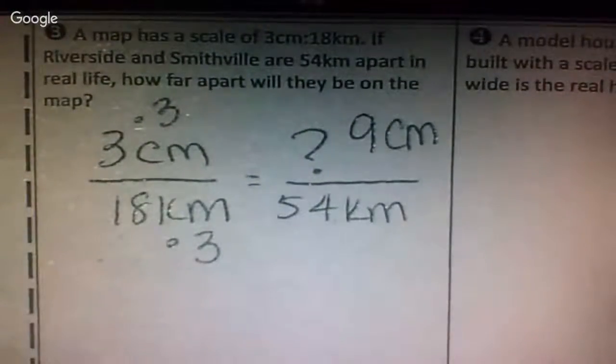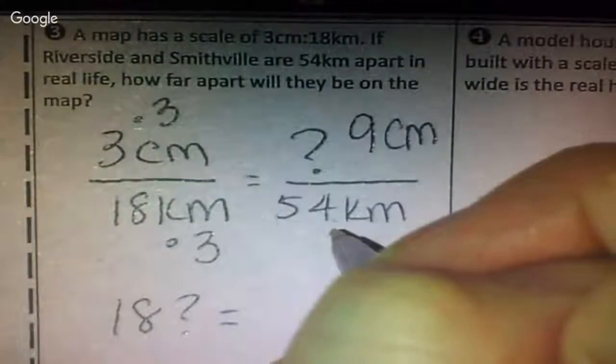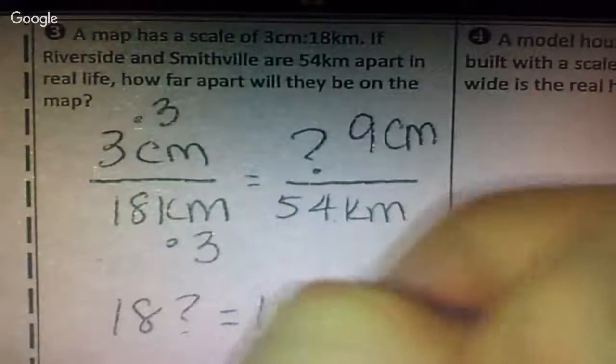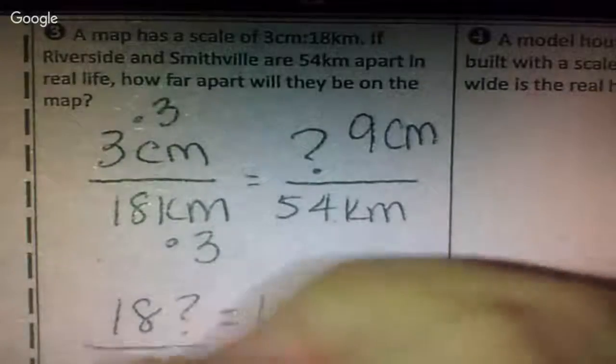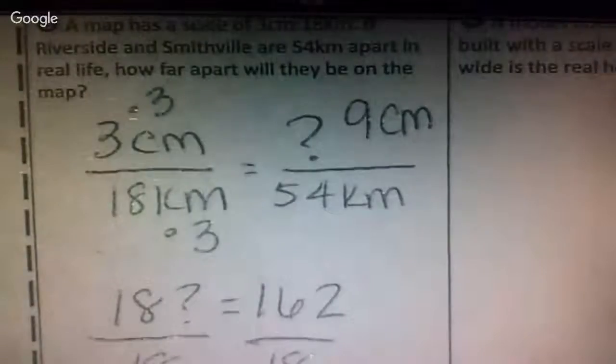Couldn't you just multiply 54 by 3 and divide it by 18? Yes, that's cross multiplying. Shelby just said, can't I just do this? That's going to be 162, and then you divide by 18. Absolutely. It does the same thing.